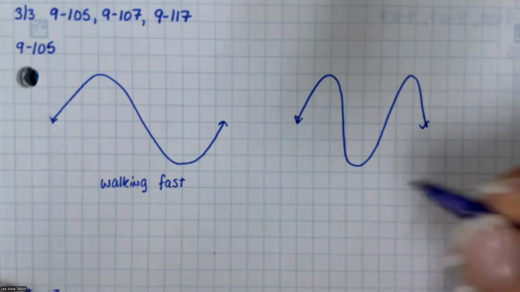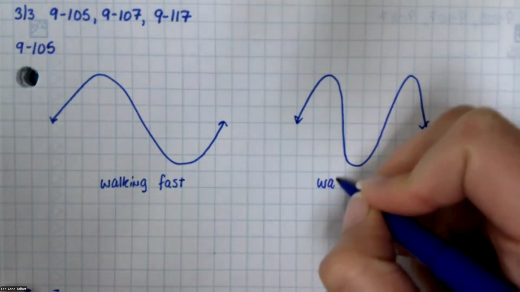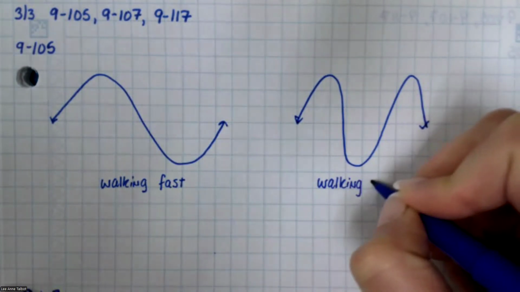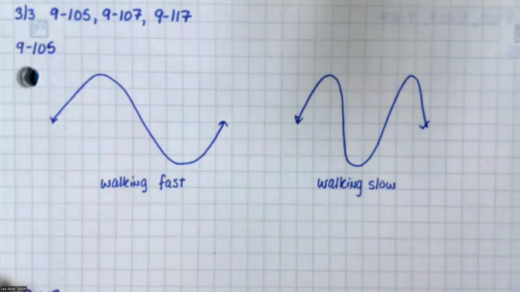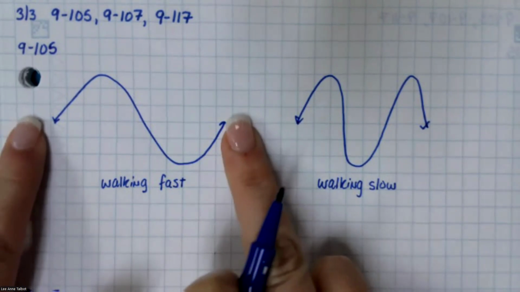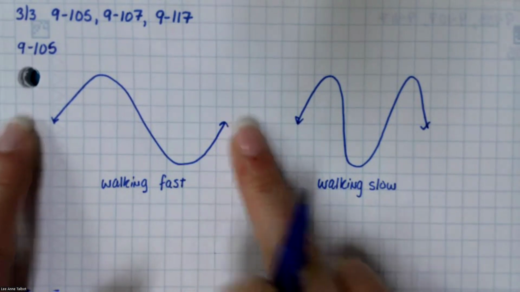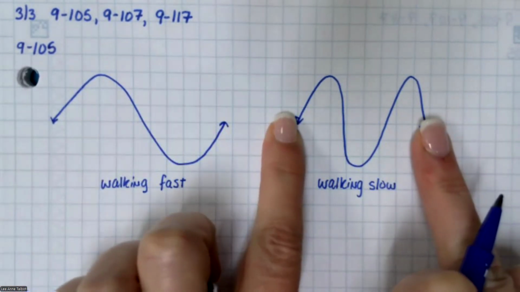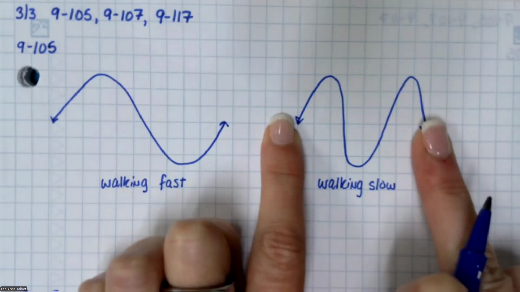And when it was close together like this, we were walking slow. So spread out wave was walking fast. Scrunched up wave was walking slow.